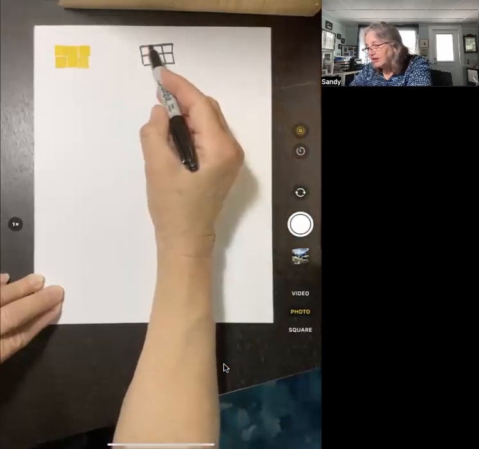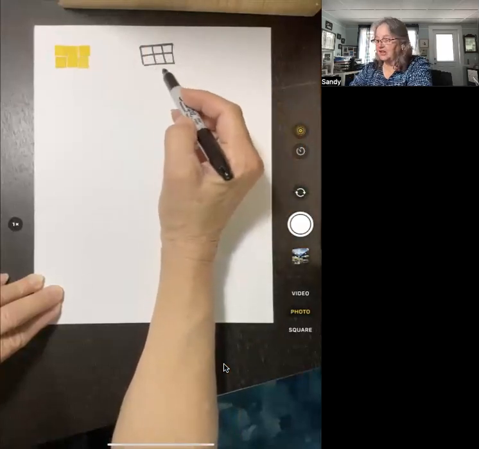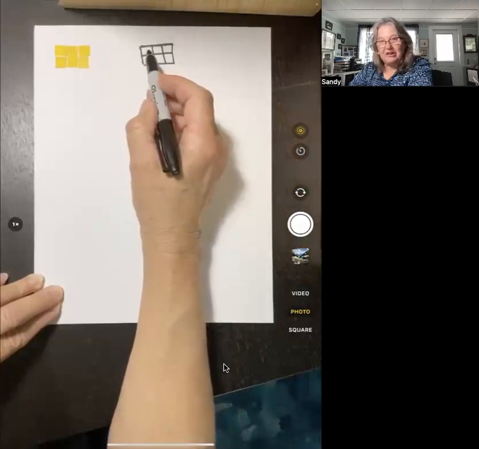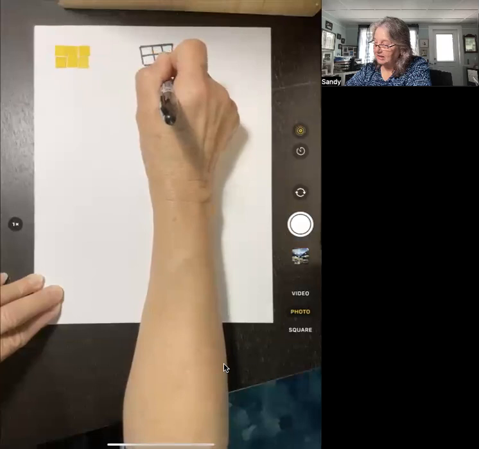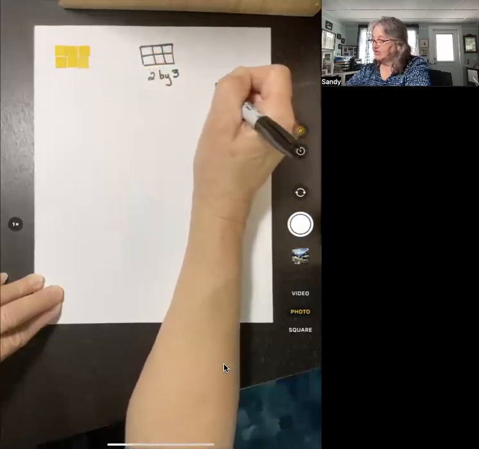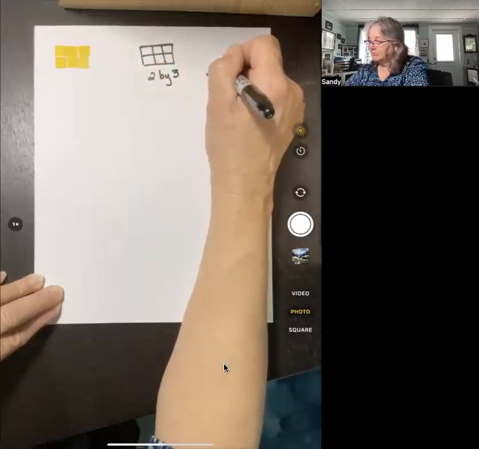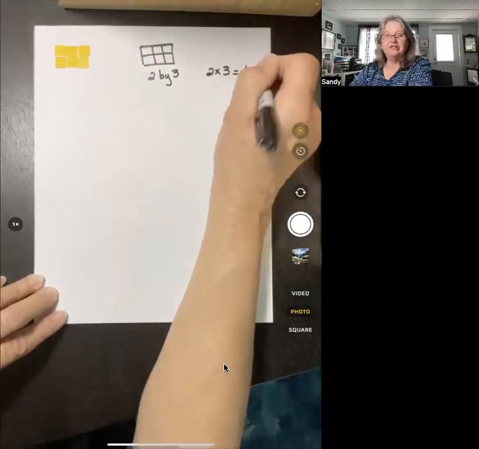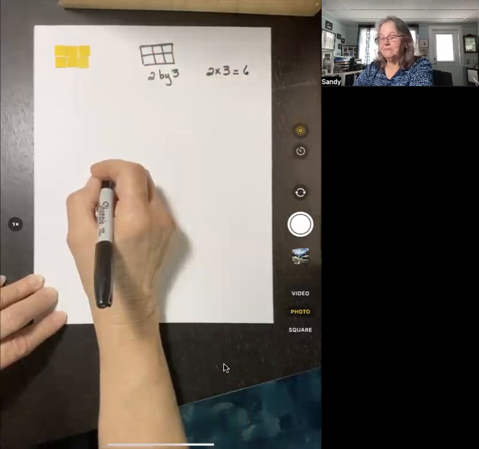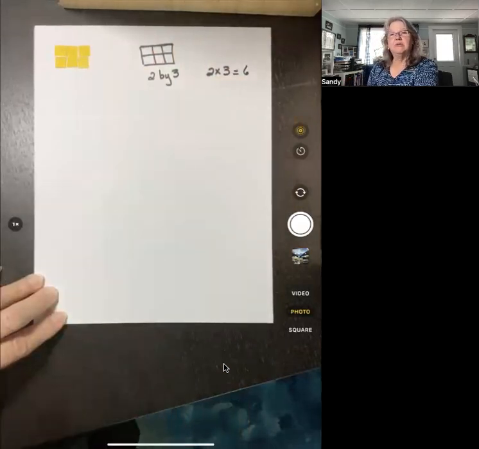Right? And you see you have all the squares. So they can see it's a square unit measure for the area. This is a 2 by 3, the dimensions, or another way we could write 2 by 3 is this. Total area, 6 square units. All right. So we get them very comfortable with 1 digit by 1 digit multiplication in grade 3.